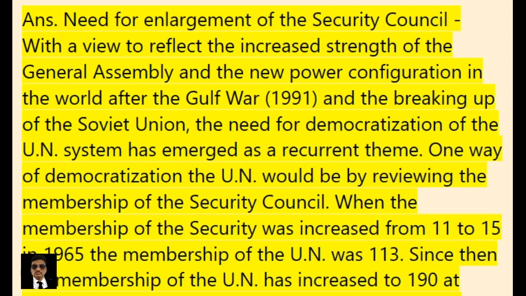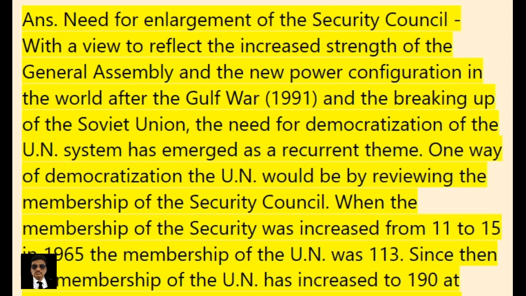When the membership of the Security Council was increased from 11 to 15 in 1965, the membership of the UN was 113. Since then the membership of the UN has increased to 190 at present, but the membership of the Security Council remains the same.